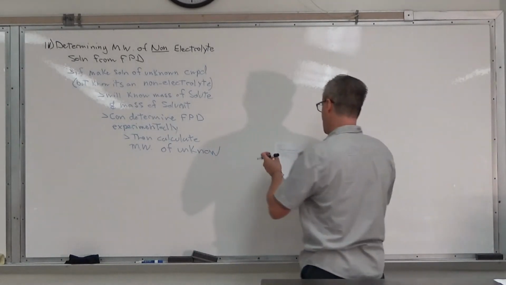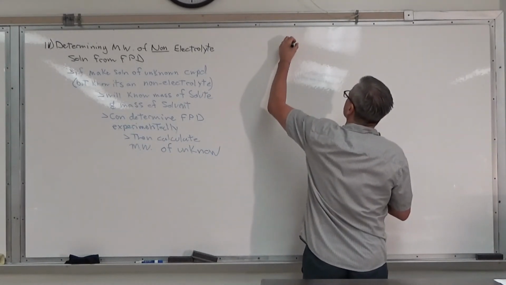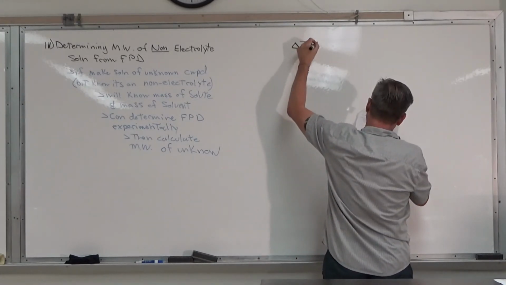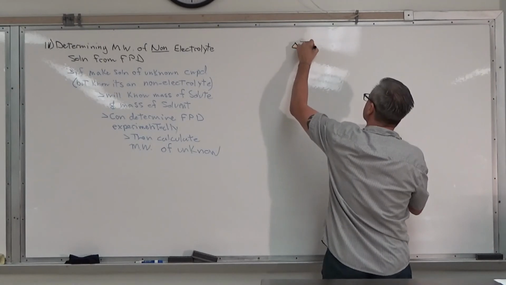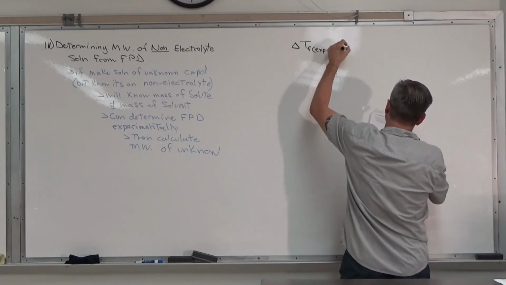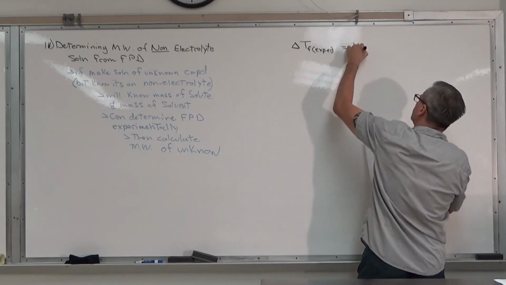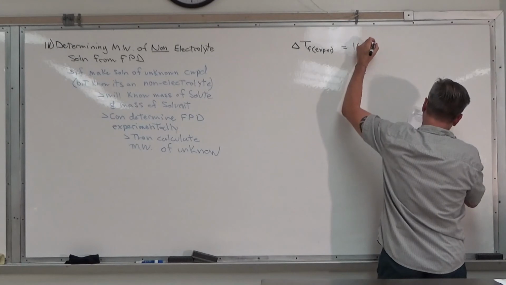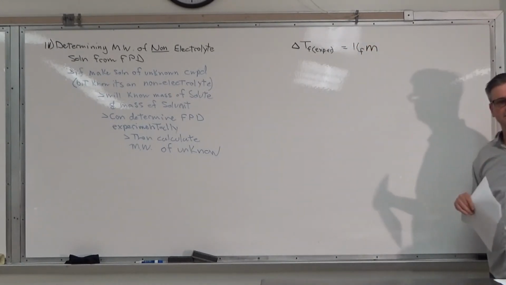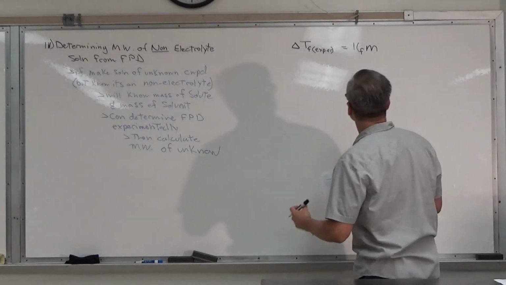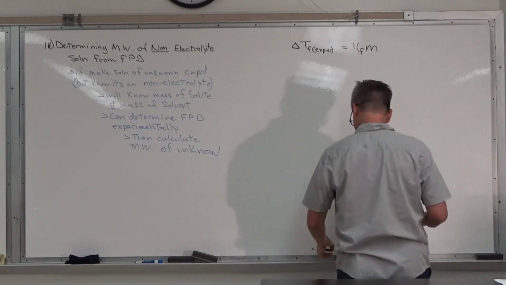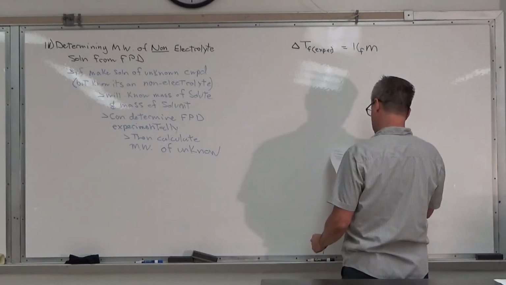Well, you've got your freezing point depression that you've figured out experimentally, and that equals your freezing point depression constant times your molality. You don't know your molality right now because you don't know the number of moles, because you don't know what the molar mass is.